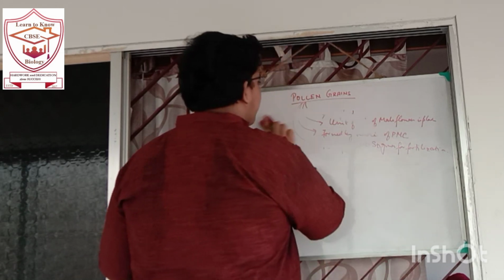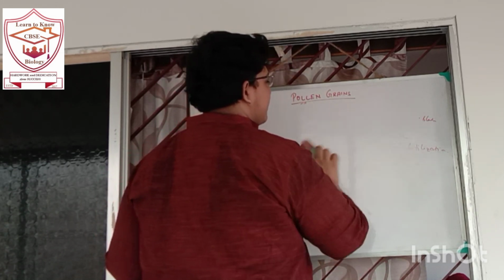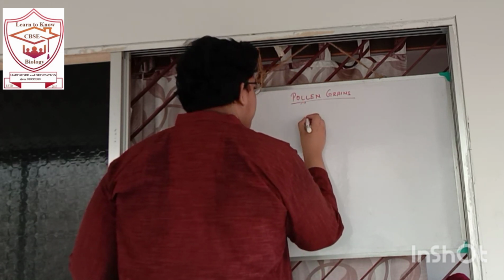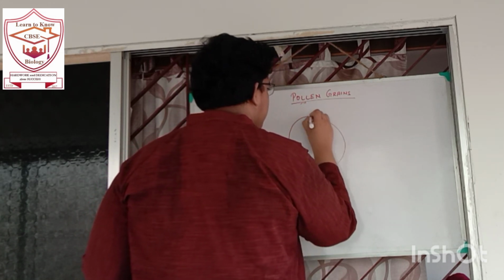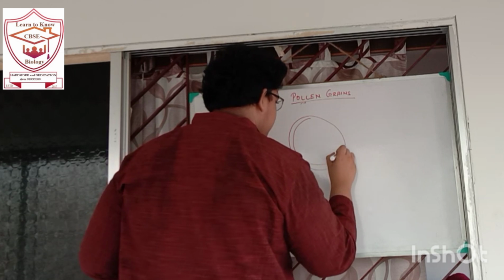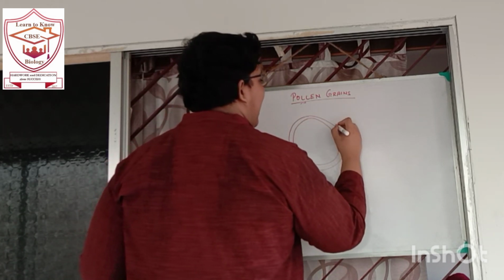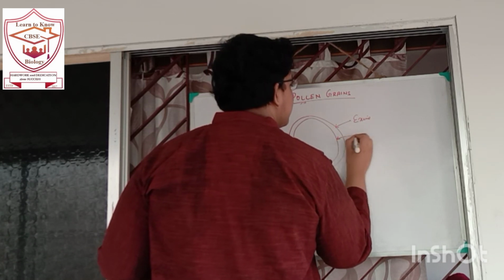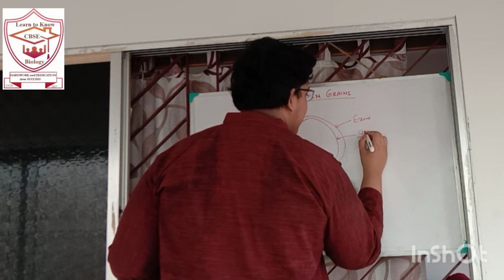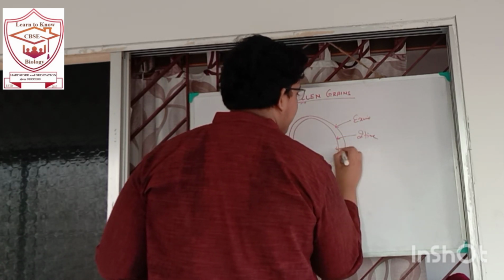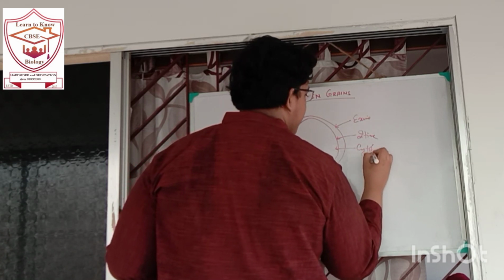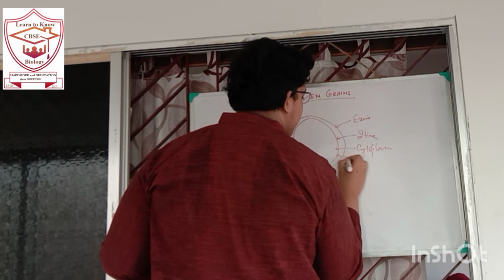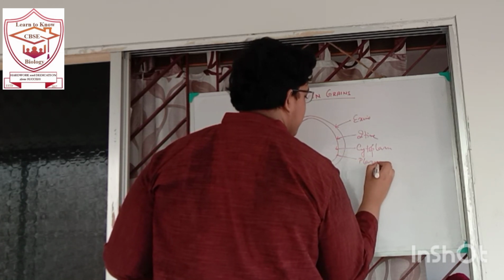Now, we'll be discussing the structure of the pollen grain. I'll be drawing it. Pollen grain is composed of two walls: the outer thick exine, the inner thin intine, followed by cytoplasm, and the cytoplasm is covered by plasma membrane.